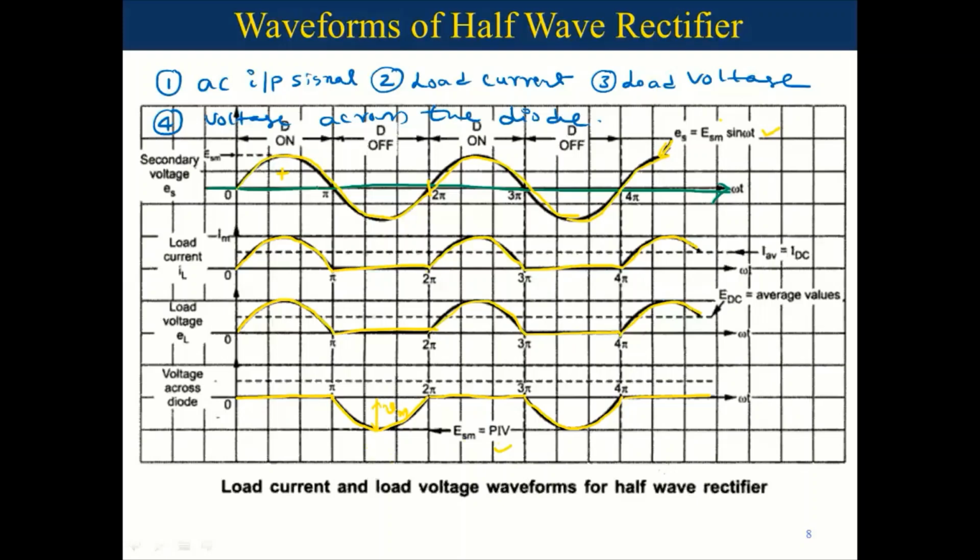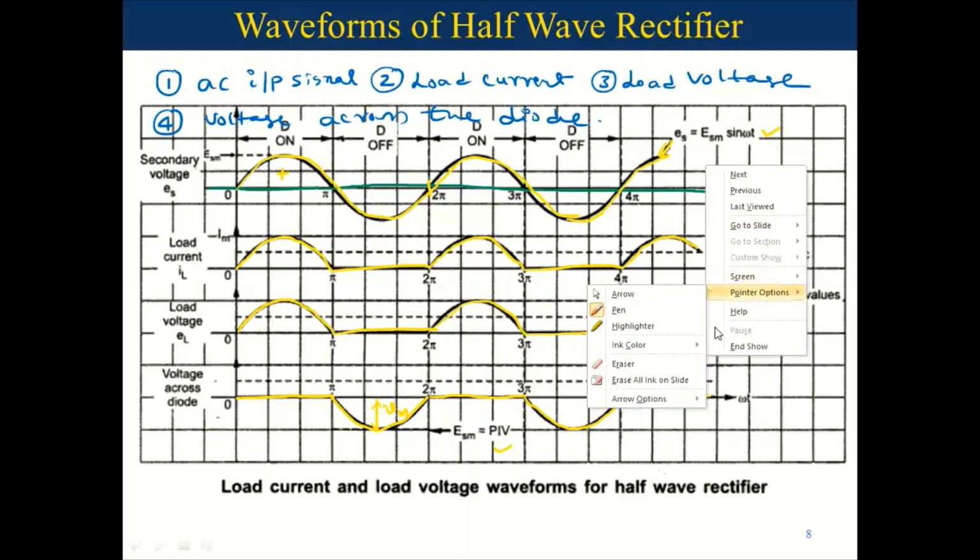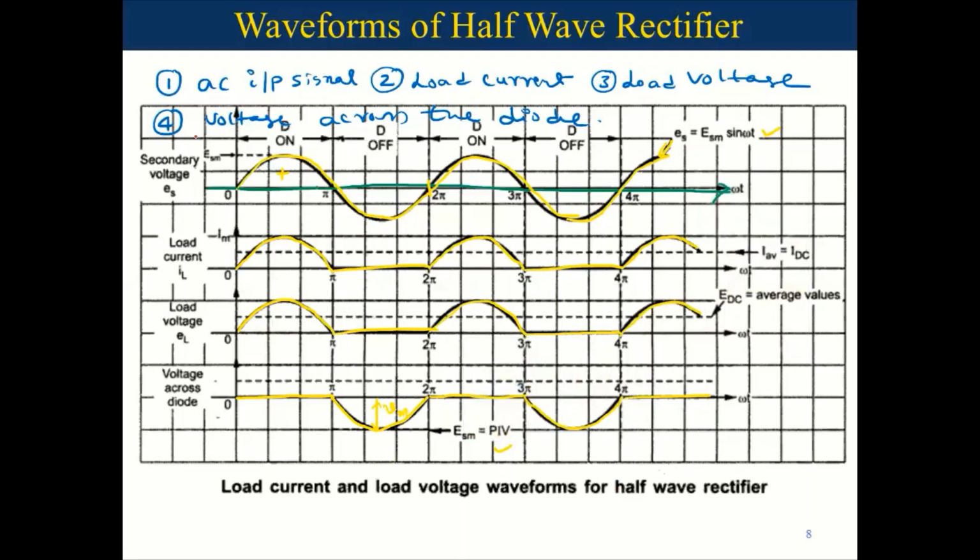So these are the waveforms of the half-wave rectifier. If you clearly observe these waveforms, the input is bidirectional, whereas the output is unidirectional. So this half-wave rectifier converts a bidirectional signal into a unidirectional signal.